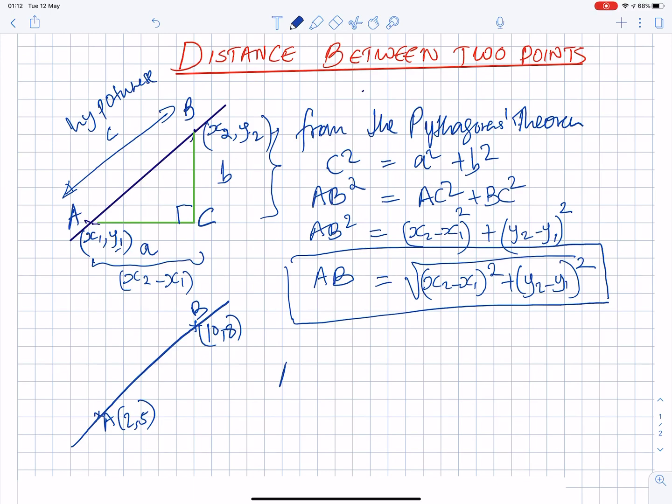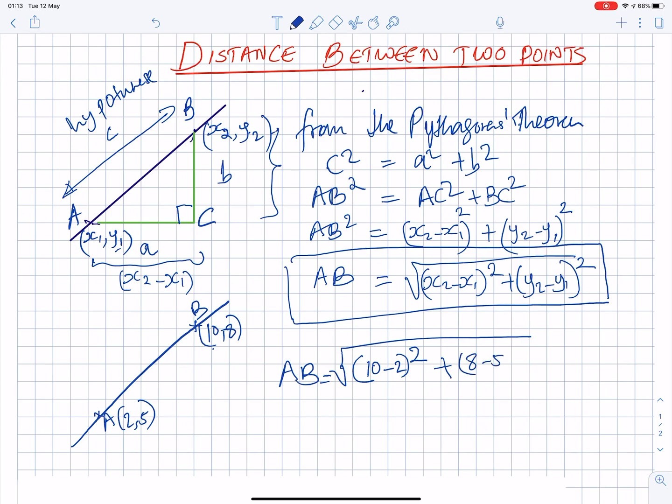Well, AB is going to be equal to the square root of, well, I can do 10 take away 2. To be honest, it doesn't matter because you square it. So if you get a negative number, it doesn't matter, because if you square a negative number, you will get a positive number anyway. But we'll do (10 take away 2) squared plus (y2 take away y1), so (8 take away 5) squared.